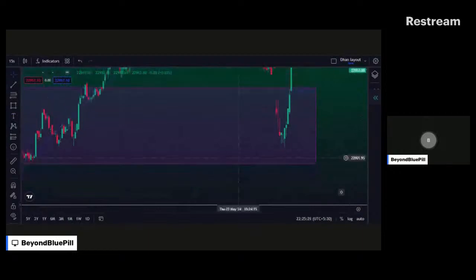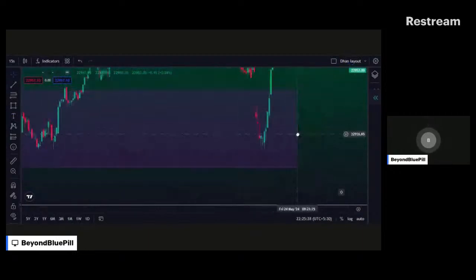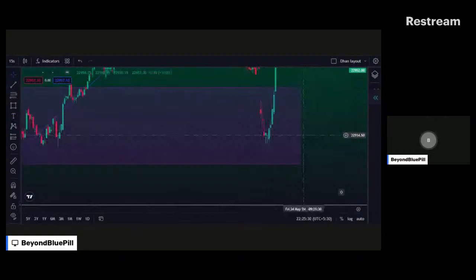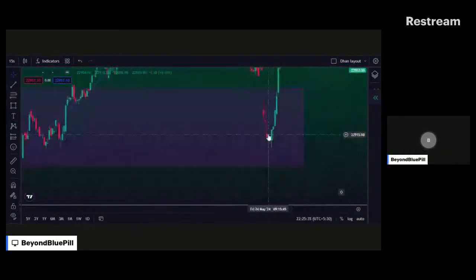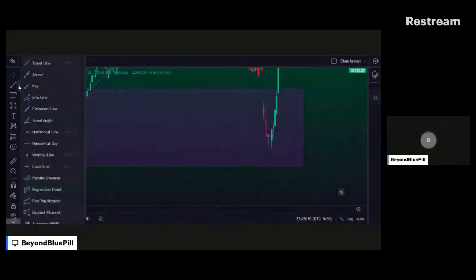You know what I mean? So if I were to get involved in here, I see this move coming in, drop like that, and then this candle right here would give me confidence to trade higher. And here's why.